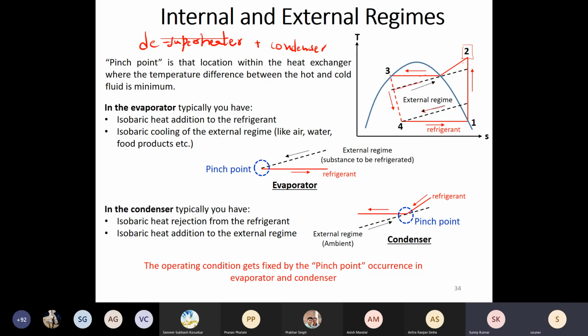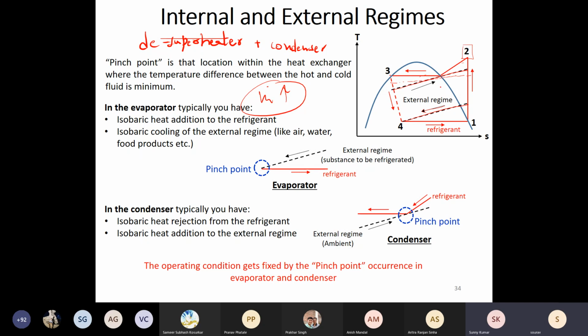Now, what decides the slope of this line? Or in the previous case, what is the deciding factor for the slope of this line? M dot Cp. So as a designer, I have no control over the Cp. Cp of air is fixed. So as far as the design is concerned, I have only m dot to play around. So if I increase this m dot, the slope becomes flatter.